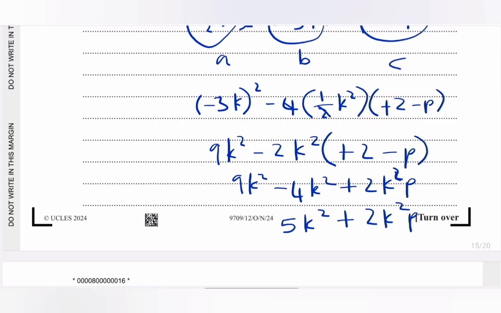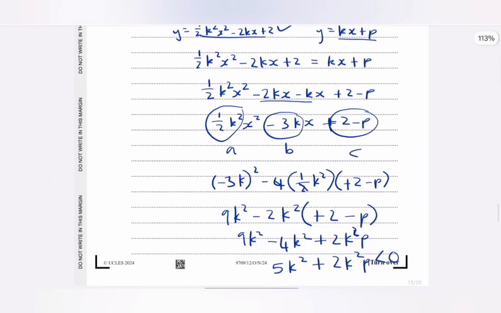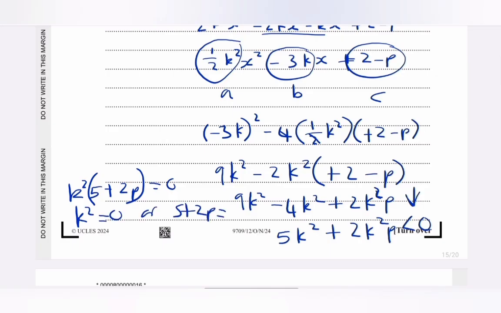and this should be less than 0 because we're told already that they do not intersect, so the discriminant should be less than 0. But we're just going to ignore this for a moment and factor out k squared. So k squared, we have 5 plus 2p being equal to 0. So then you say k squared is equal to 0, or 5 plus 2p is equal to 0.